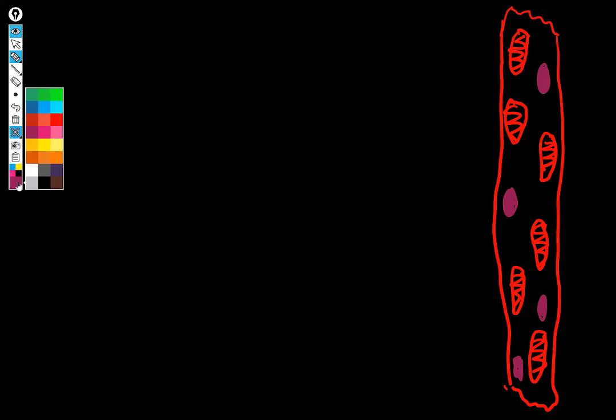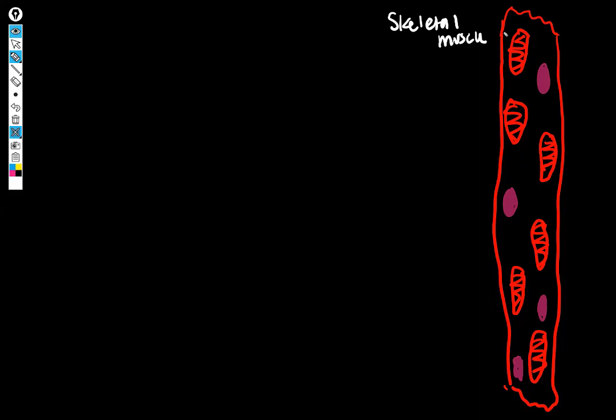Okay. And then if I'm going to be a good professor, I should label this so that people who are not currently here know what the heck I'm talking about in the future. So, skeletal muscle cell. So let's say, for the sake of argument, that I am using this skeletal muscle cell actively.